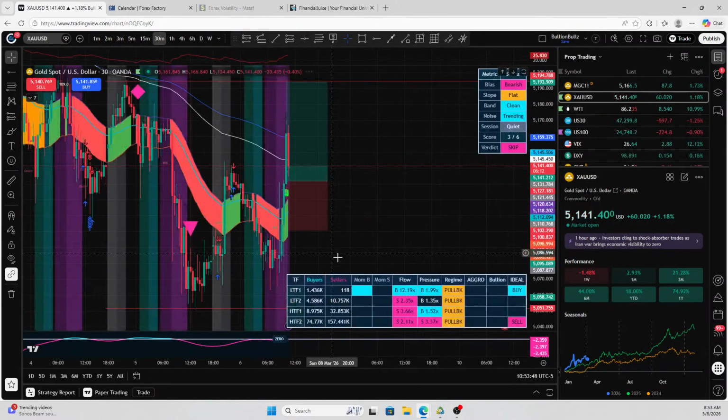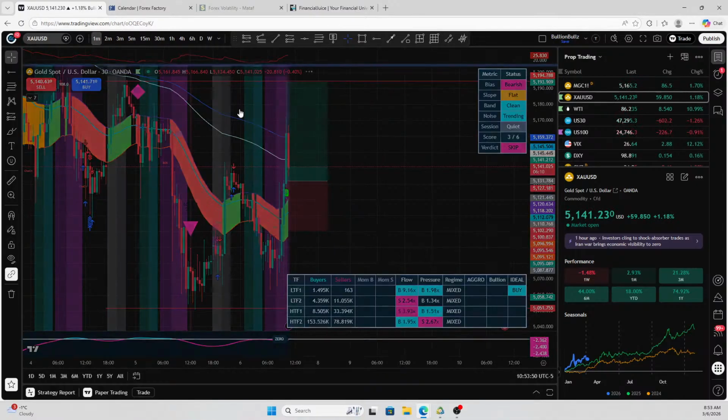We need to see the 30-minute candle. 5 minutes to candle close.